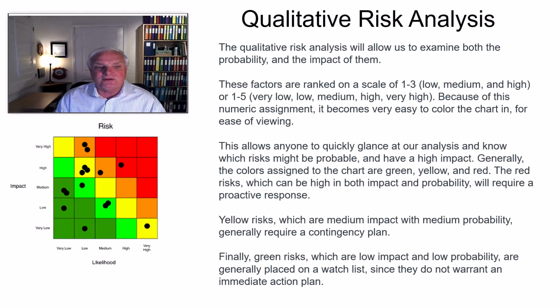Here you get to see what's green. Everything that's very low from a likelihood standpoint and very low from an impact standpoint would be things that you don't have to worry about. But if something's red, if something's very high from an impact and very high from a likelihood, that means it's going to happen, and when it does, it's going to shut you down. Those are the areas you need to look at.